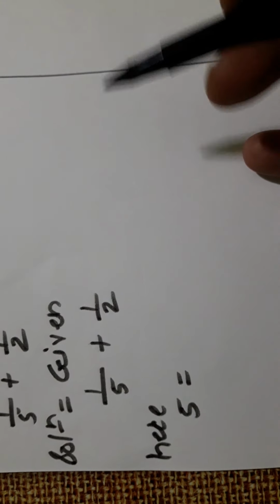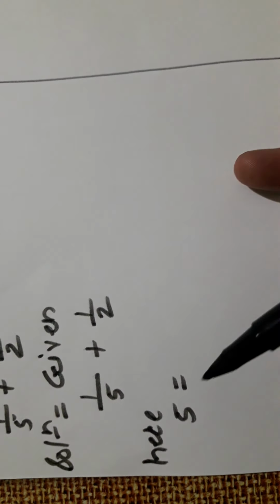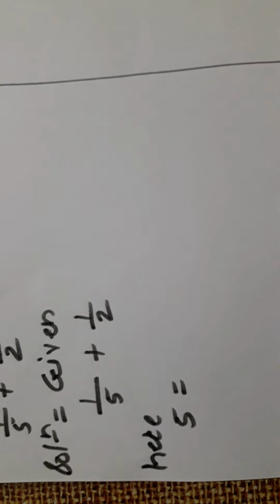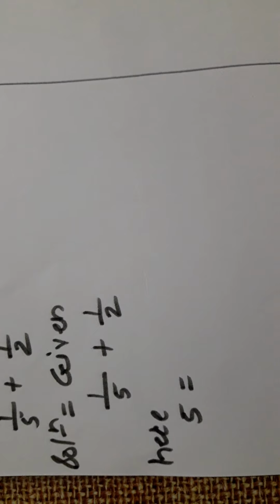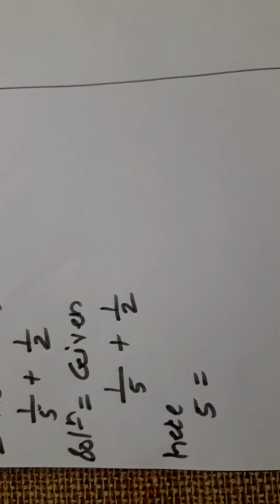It is not possible. You see the table of 3, the table of 4, the table of 5. In which table 5 will come, you have to see that, and after looking, you write the factors.